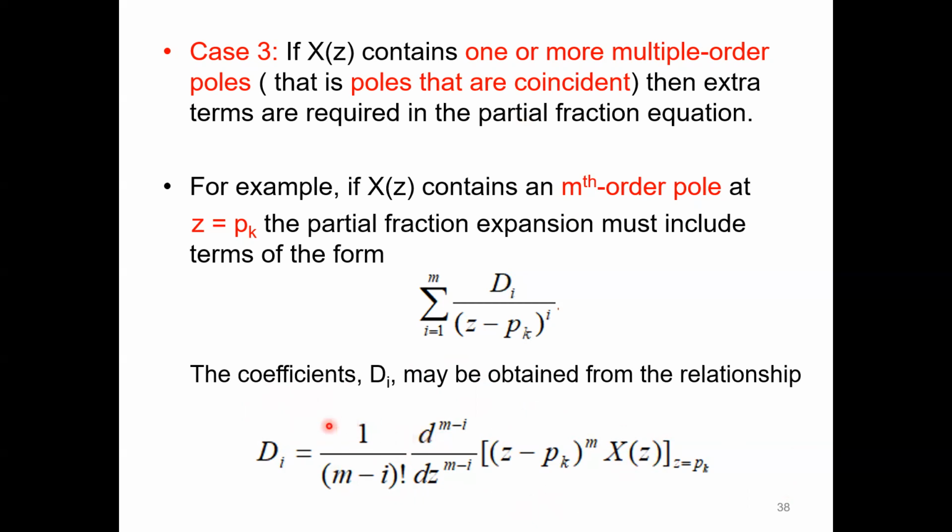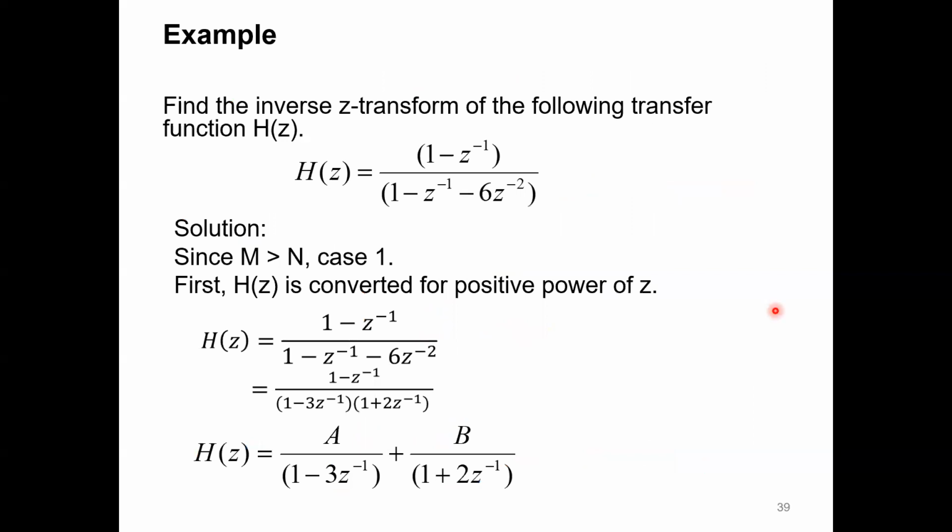As long as there's a mathematical equation, you can use it, substitute, and then calculate your d's. All right, so that's the additional work you have to do when the poles are repeating. Okay. All right. So with that, we can actually look at an example. What about this?